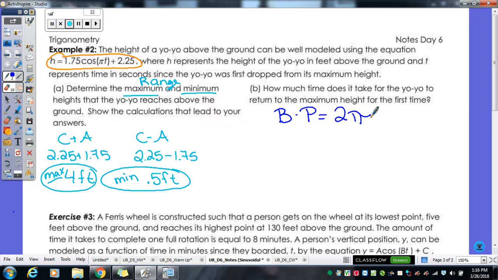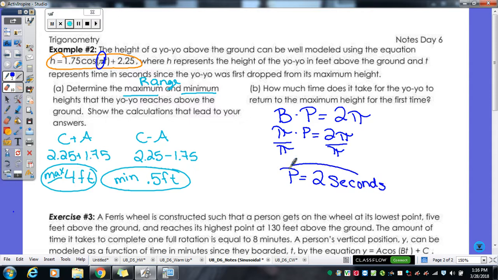Looking at our equation, what's the value of B? Pi. That's right there. That's your B value. 2 what though? What's our units? Seconds. Yep, because it says time in seconds right there. So it's going to take 2 seconds for it to go down and come back up.